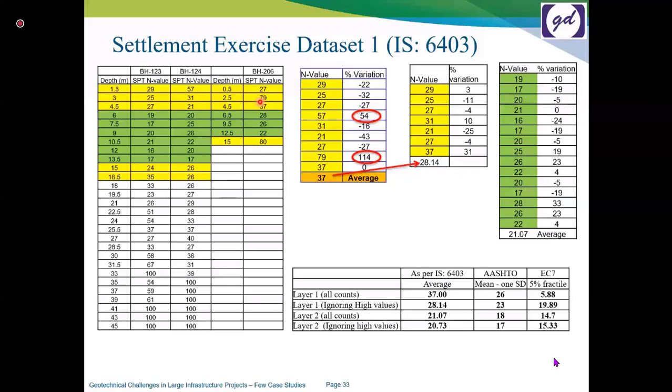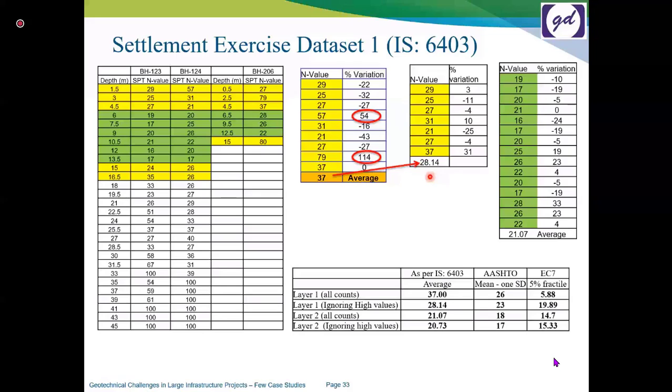Now, if I go with the second layer, similarly the average is coming around 21. So if my foundations are resting on layer 1, then the average SPT blow count is 28 for layer 1 and 21 for layer 2.